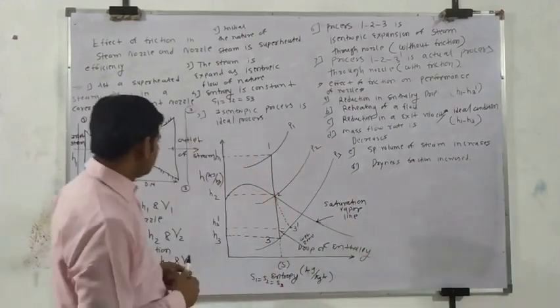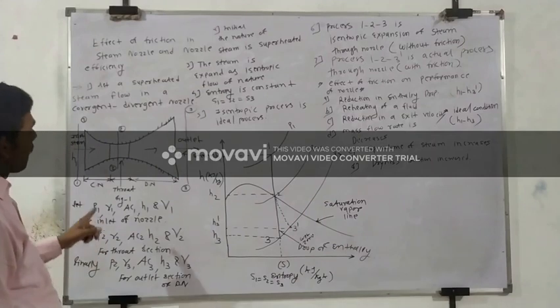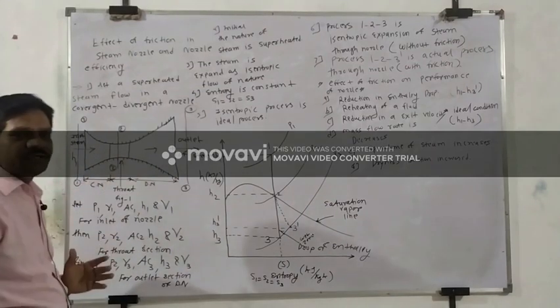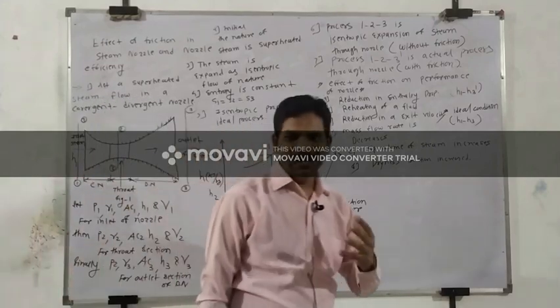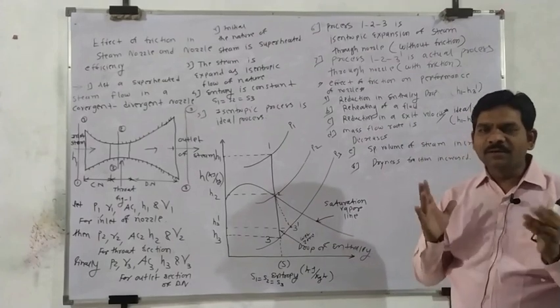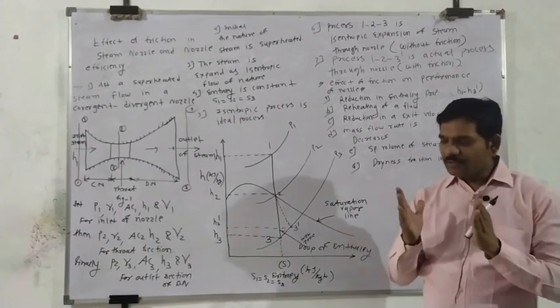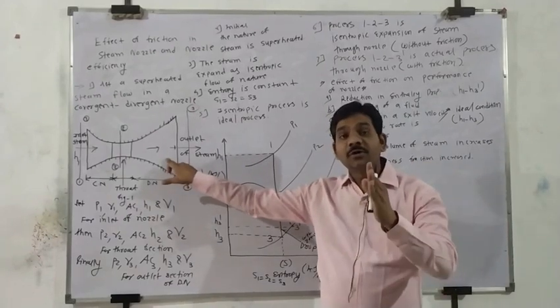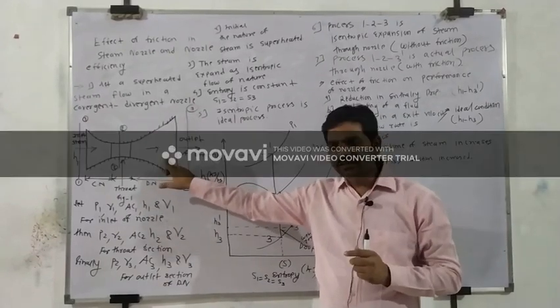So students, where is the maximum friction of steam in a nozzle? Tell me, where is the maximum friction? Very easy. The maximum friction of steam is in the divergent section of the nozzle. Why is there more friction here?